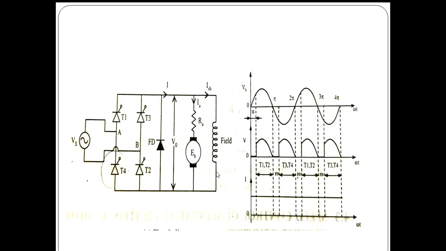Now we are going to discuss in detail the speed control of a DC shunt motor by using a converter. So this is the circuit of a bridge rectifier consisting of thyristors T1, T2, T3 and T4, and it will be connected to a DC shunt motor, as the field winding is connected in parallel with the armature winding.